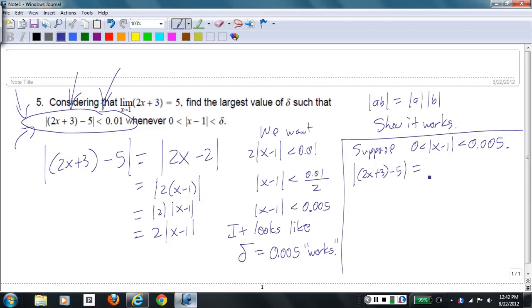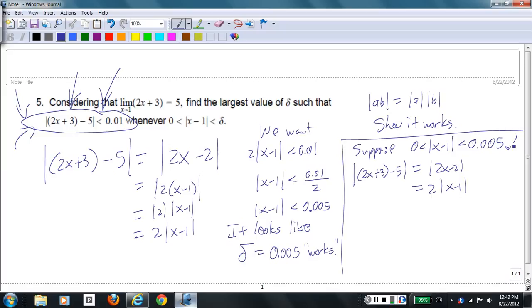So, just like what we did, but I'm going to skip a couple steps so it doesn't seem so tedious. This equals the absolute value of 2x minus 2. Based on what we did over here, this equals 2 times the absolute value of x minus 1. Now, we're assuming this right here, so we've got to use that.